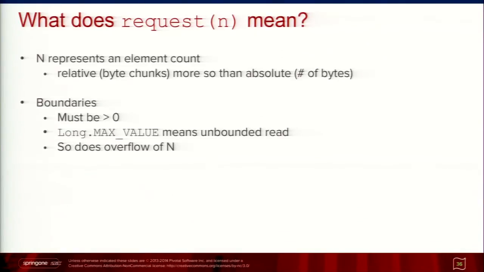Also, it's been a few minutes we're talking about request, and requesting more data. But what does it mean exactly, the request size? It's not really bound to an absolute number of things you want to receive, so typically not a number of bytes. It's actually a relative score you want to give to a publisher to say, okay, for this context, n is going to be the number of objects I want to receive.